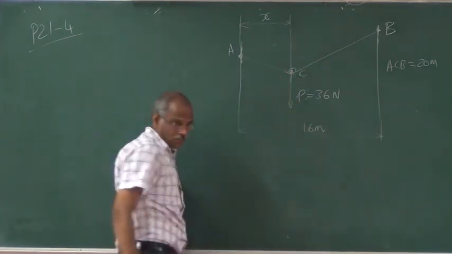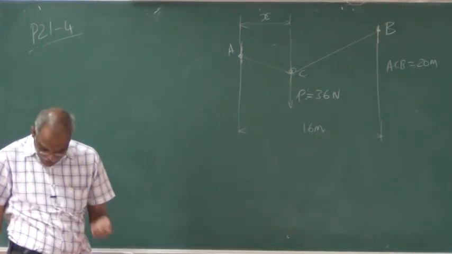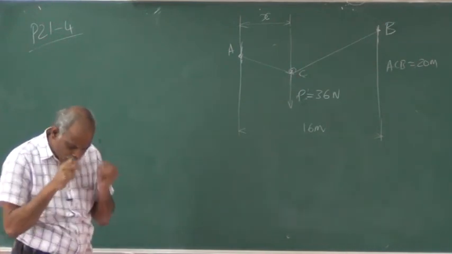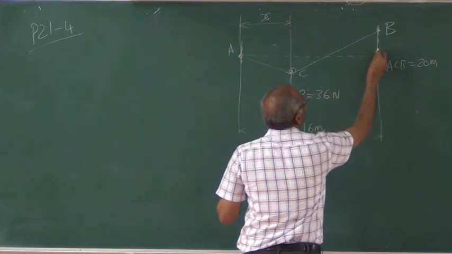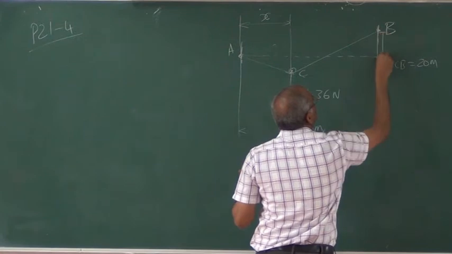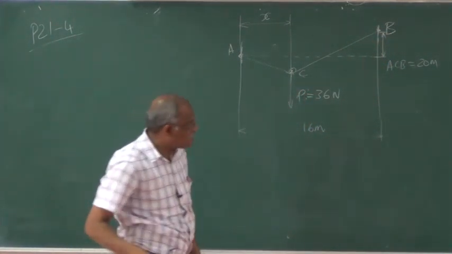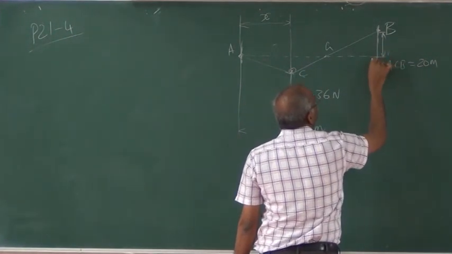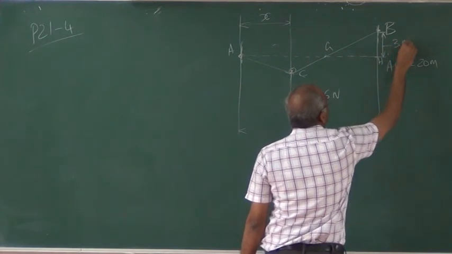This is x. And the tensile force in the chord. And one of the other pieces of information given in the figure is this distance; these points are marked as G and H. This point is H. So this is about 3 meters.